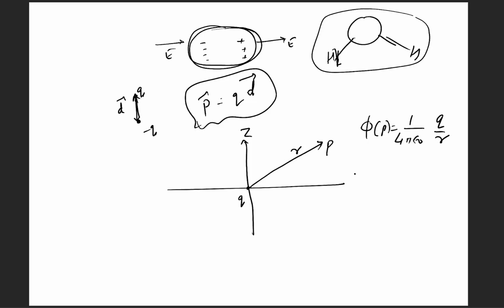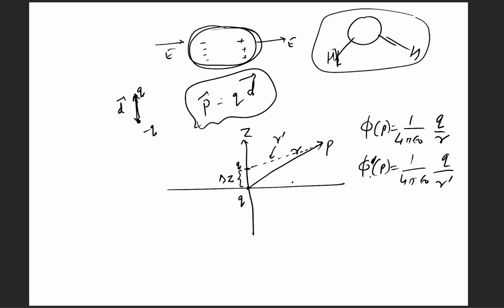Now what will happen if I move this charge by delta z? So let us say this charge is now here. So this, let us say, is r dash. So phi P, I will represent it as phi dash P, will be 1 by 4 pi epsilon naught, q by r dash.